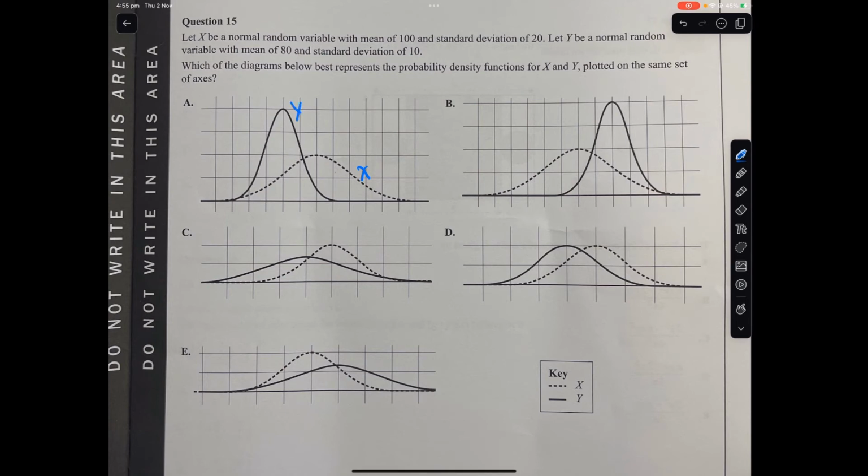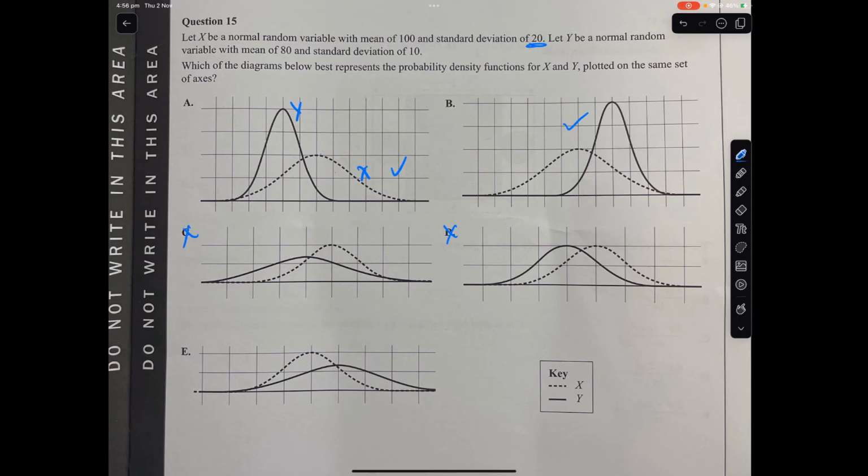So, what do we know? Because the standard deviation of x is much higher, it means its spread will be higher. Look at this one, how it's spread. So x here will likely be that one. Here it's also spread. No. Here they're saying they both have the same spread. Here they're saying that y has a much more spread.